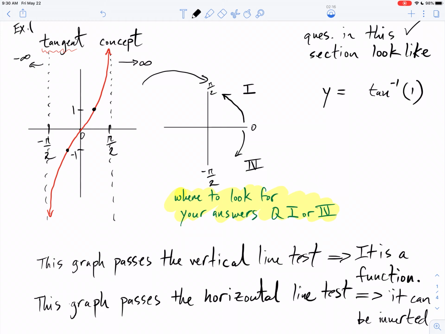So to make a function invertible, sometimes we pick just one version of that graph so that it passes the vertical line test and the horizontal line test. And for tangent, if you sketch just one period of that function, it fits nice and pretty between negative pi halves and pi halves.